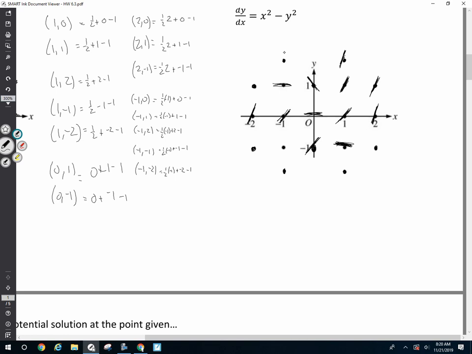Negative 1, 2, that's going to be 1 minus 4, negative 3 as well. 2, negative 1, it's 4 minus 1, 3. 1, negative 2, it's going to be 1 minus 4, negative 3.